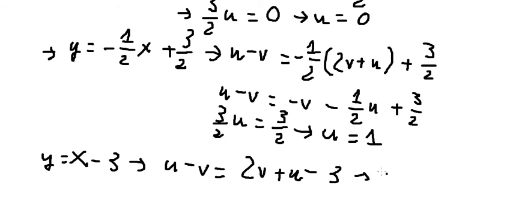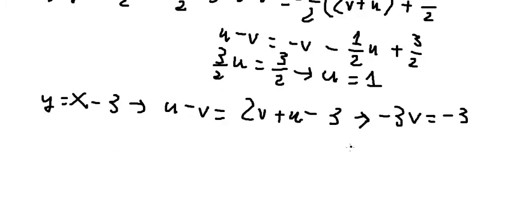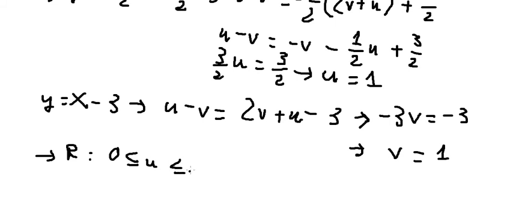So we will have negative 3v equals negative number 3. So we divide both sides by negative number 3, and you got v equals number 1. And now we can find the region of u and v. That's from 0 to number 1. Similar for the next one.